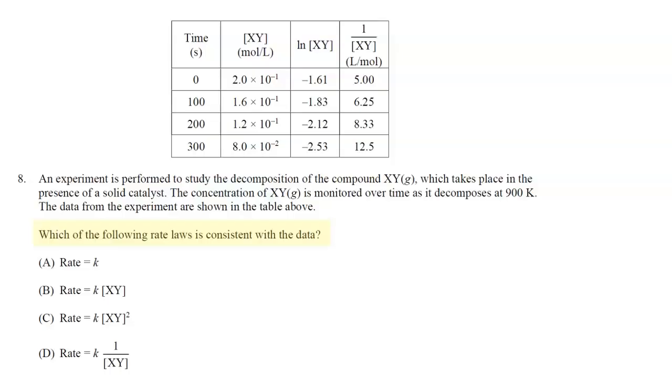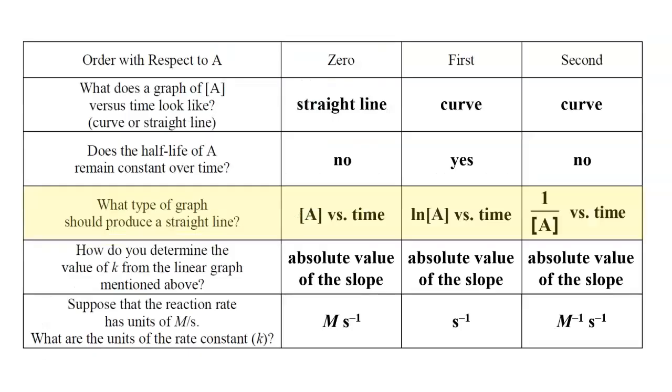So on this next slide, you can see something that I had presented in my video for topics 5.1 to 5.3. And so you can see at the top of this table, the order with respect to A, 0, first, and second, and then that row that I've highlighted, what type of graph should produce a straight line.